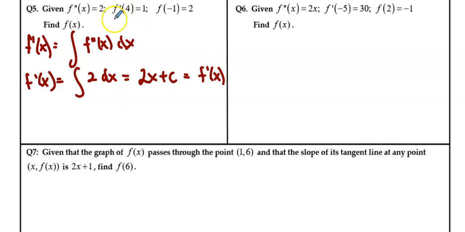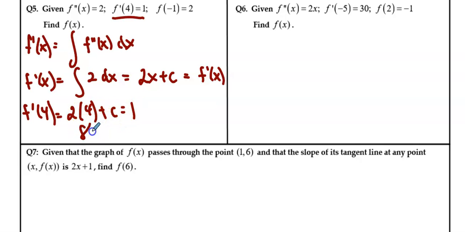So all we have to now know is that f prime of 4 equals 1. So for f prime of 4, I'm going to plug in 4 everywhere I see an x. I get 2 times 4 plus c. That value is going to give me 1. So I'm going to get 8 plus c is equal to 1. And I'm going to get that c is equal to negative 7.